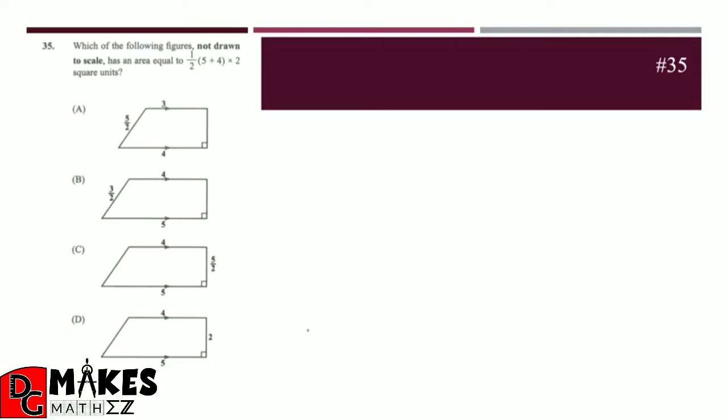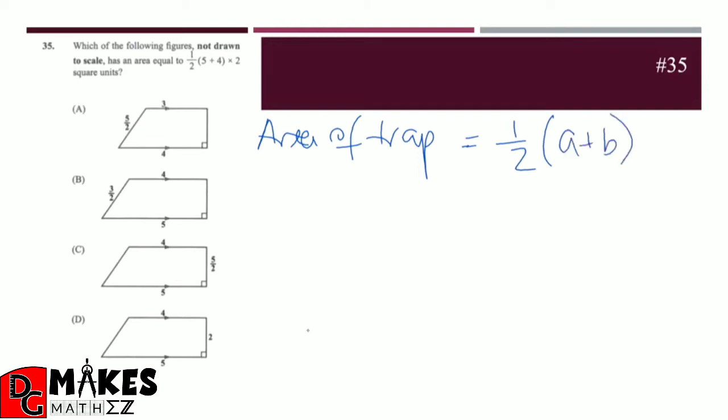So it's going to be half the sum of the 2 parallel sides. I'm just going to call them A and B. Sum of 2 parallel sides like this. Half the sum of those 2 sides times the height.